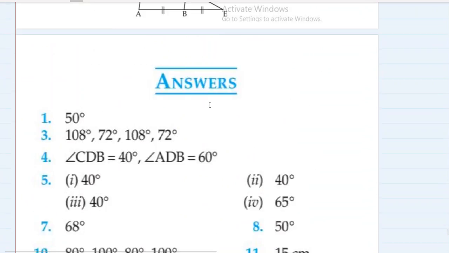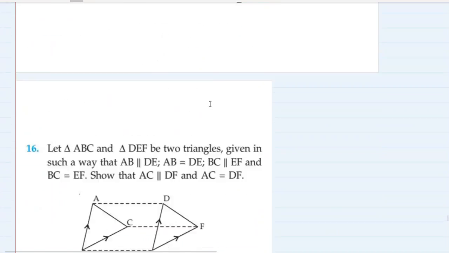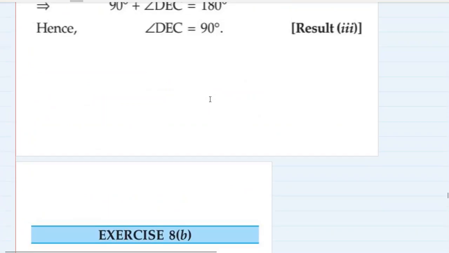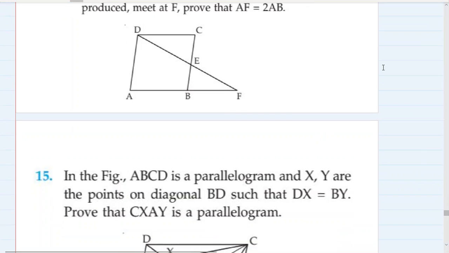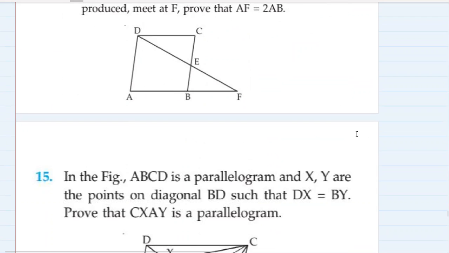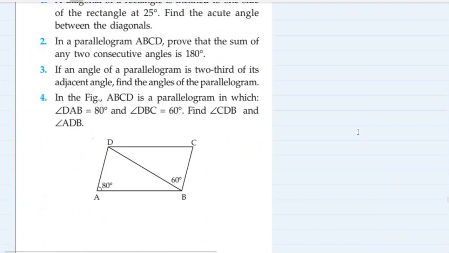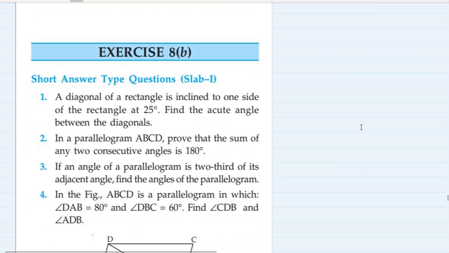It has got around 21 questions, many questions for you to practice and complete. So this part is over. This was the second part of the chapter, quadrilateral. Now we are left with just one part of the chapter, that is midpoint theorem and its converse and intercept theorems. I think that much is more than enough for the whole chapter of quadrilaterals.